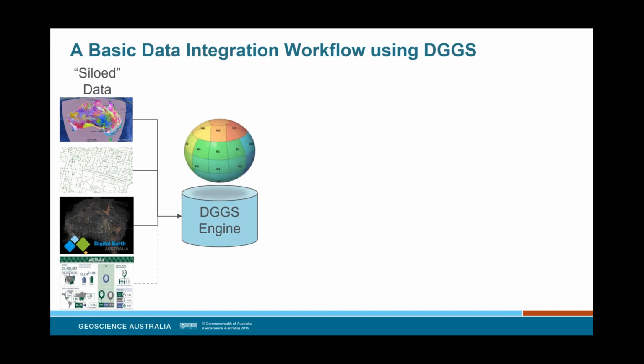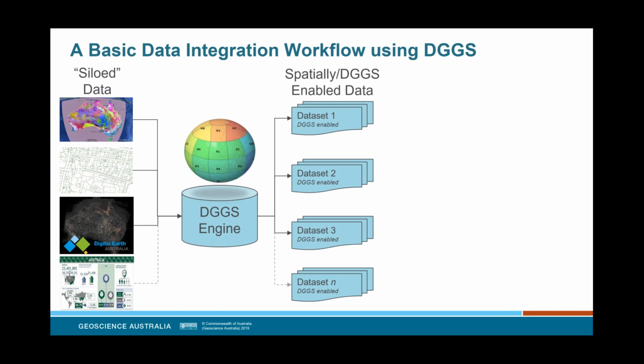Because using a DGGS engine, we're able to combine and bring these disparate and often siloed data sets together. And when we do this, we end up with a set of spatially enabled, or DGGS enabled, data. Like I said before, there are a couple of ways you could do this, and some people might want to tightly couple their data, and that's fine. What they end up with is a data set or data store that is DGGS enabled.